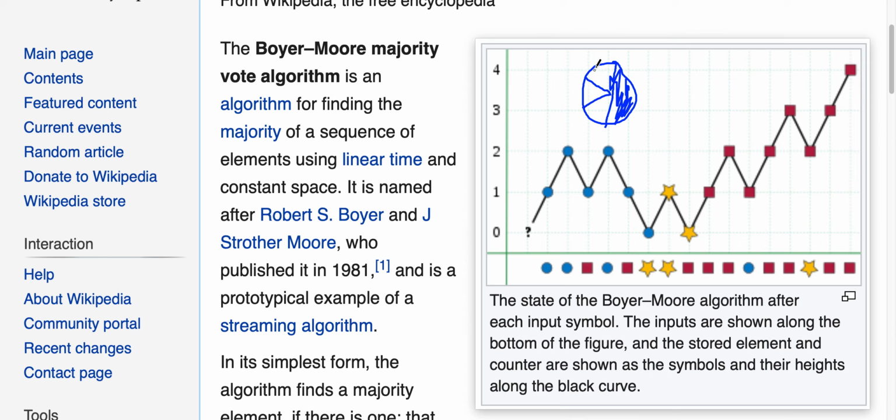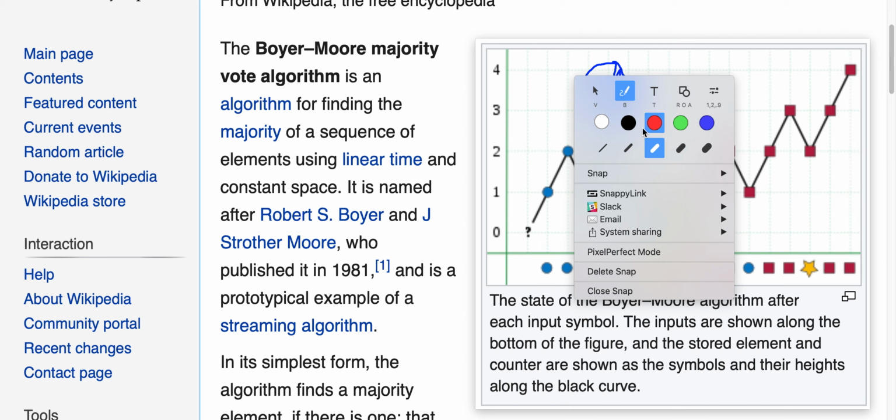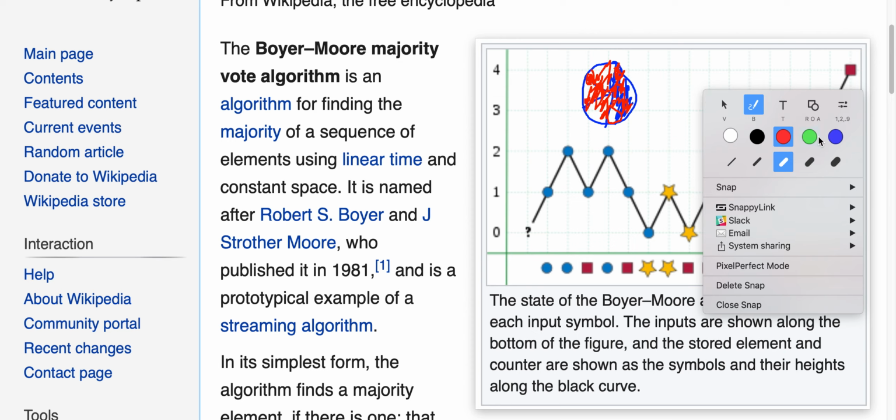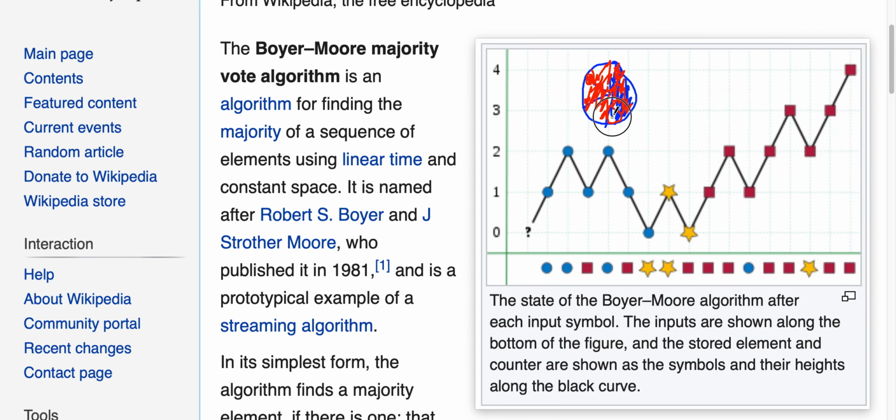Every time they take one, we cancel it against a blue one. Then we take the stars and cancel this one and this one. In the end, after we finish pairing everything off, because blue is the majority, there will always be a little point which is only blue, because blue is the majority.